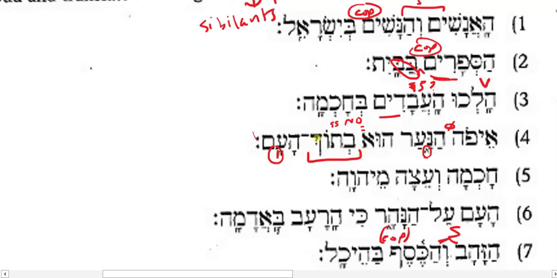Okay? We're going to learn why this became what it did in chapter 12. But what's the lexical form, the vocabulary form of toch? It's tavech. Tavech. Okay?